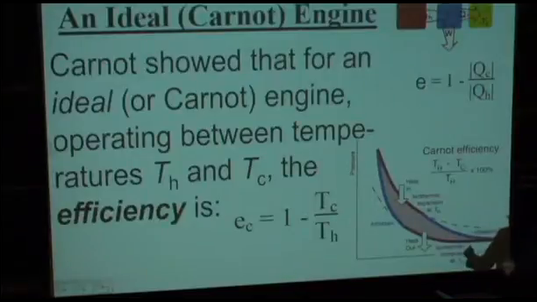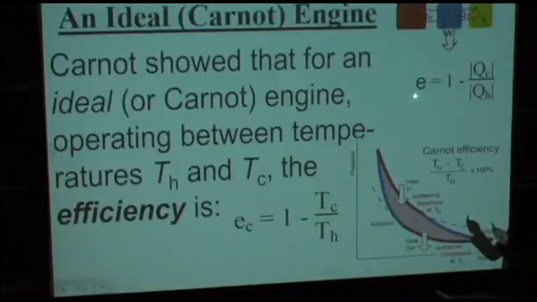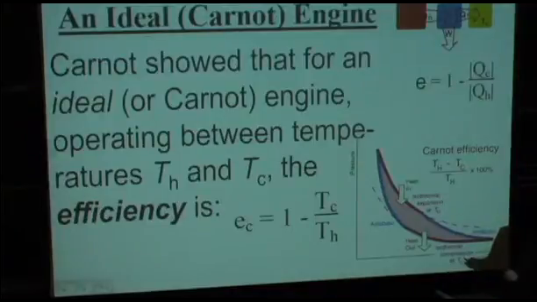In that case, an engine like that always has efficiency, ideally equal to this, but in real life, less than this. So that's an official definition that works for every engine, actual numbers. This works for an ideal situation. And of course, in our problems, we usually treat any engine as ideal. So we can use these equations together.